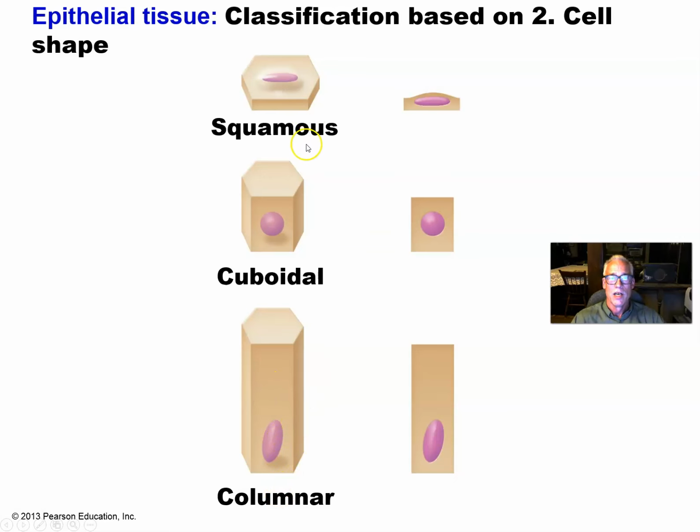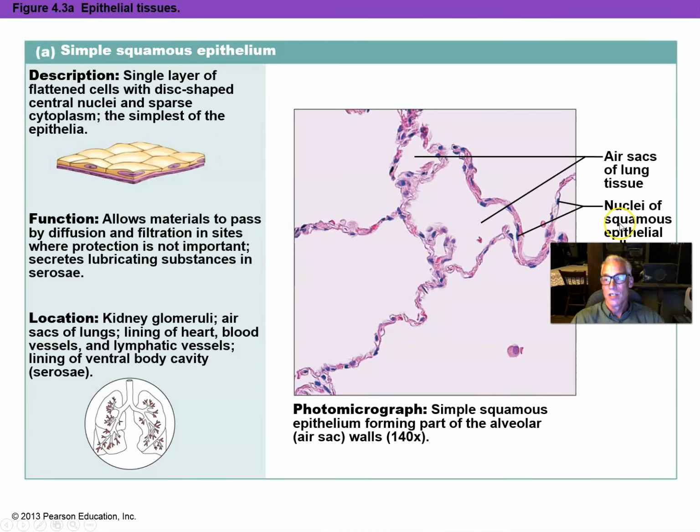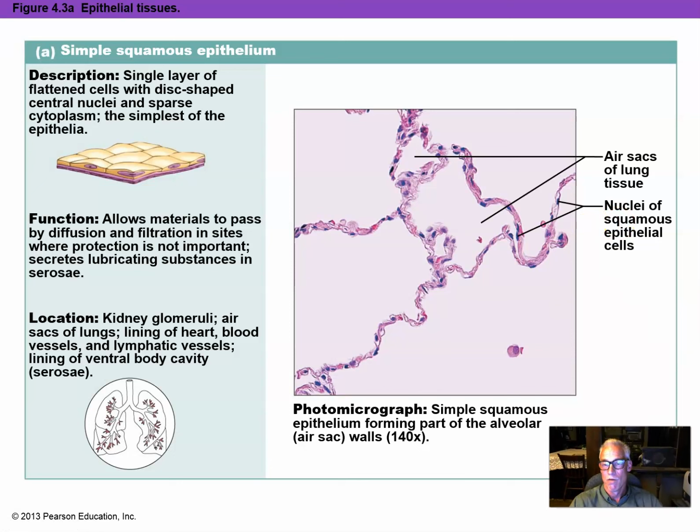So let's try and see how many combinations of those two different criteria we can find in the body. We're going to try to find examples of as many as possible that have physiological relevance. As you'll see, we're going to skip over a couple of categories in which there are epithelia to be found, but not really any known physiological advantage.